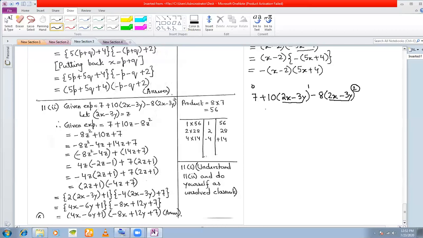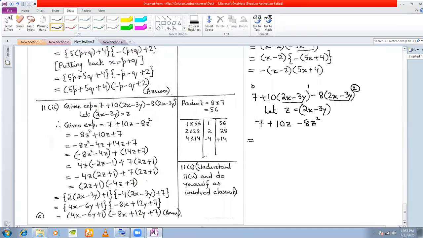Okay. So what I do is I first assume let z is equal to 2x minus 3y. Okay. So therefore this expression now becomes 7 plus 10z minus 8z square.